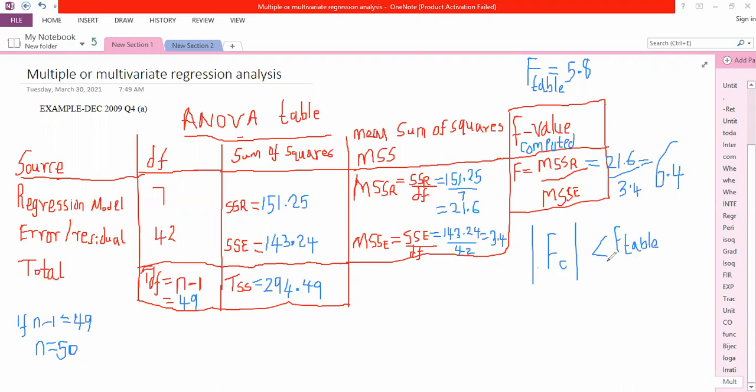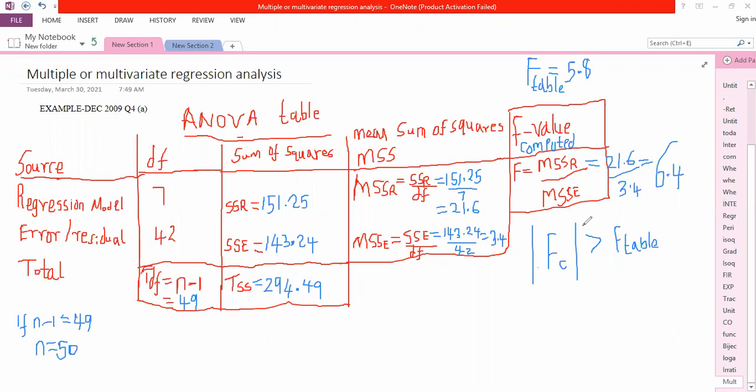In case you find the opposite happening, let's say the F computed is greater than the F table, like the 6.4 here, which is already greater than 5.8, we would say that the model is significant.